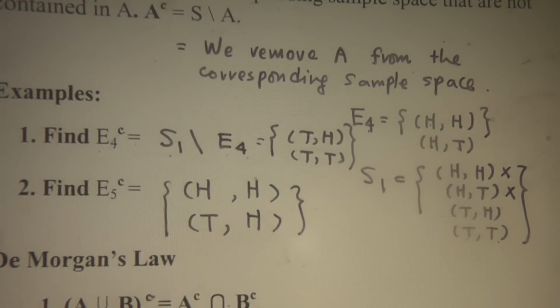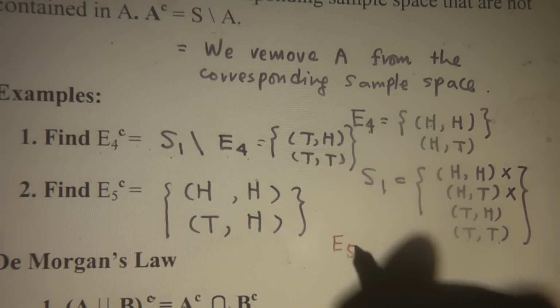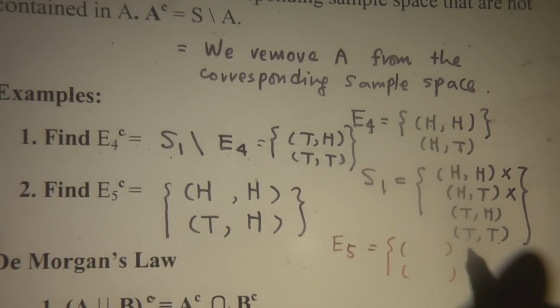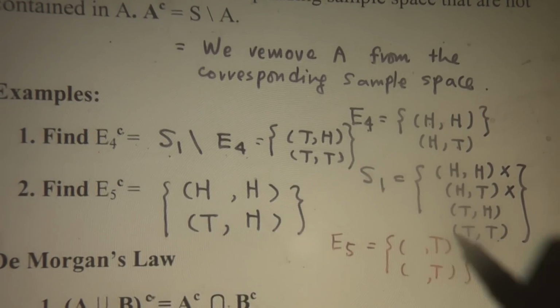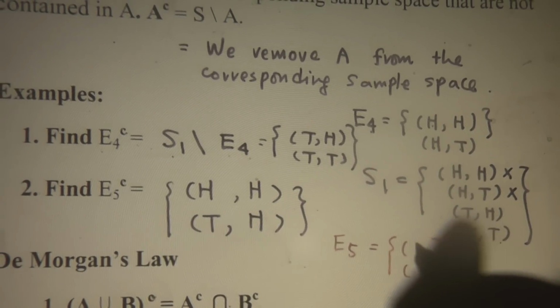Okay? Now, if you are not so comfortable about this, you can use the definition again. The definition says, what's E5? E5 is on the second flip, we see a tail. As for the first one, it can be either a head or a tail.